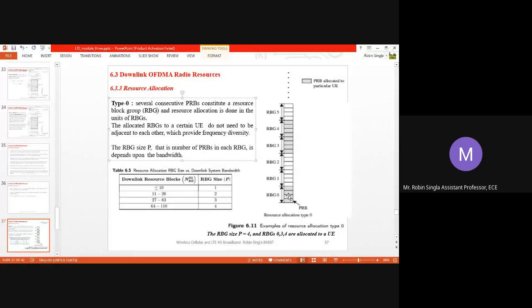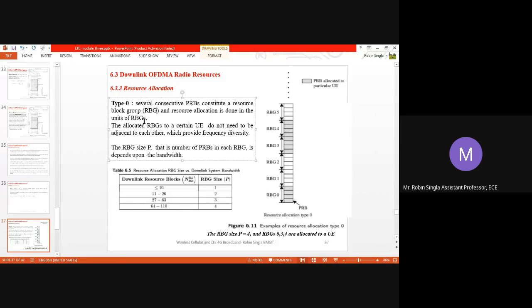Several consecutive PRBs constitute one RBG, and resource allocation to a user is done in units of RBG.